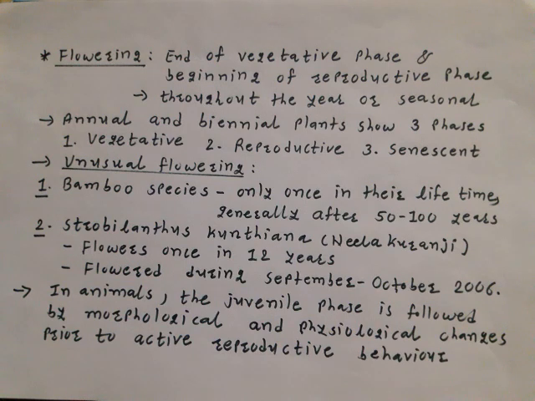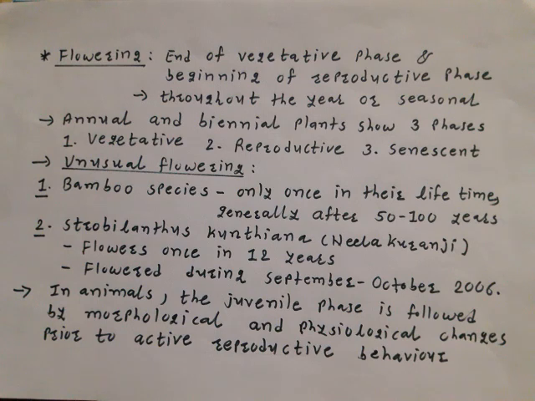In annual and biennial plants, three phases are shown: first vegetative, second reproductive and third senescent. The vegetative phase is before reproduction; it is the growth and maturity period. During the reproductive phase, plants come into flowering for the purpose of sexual reproduction.